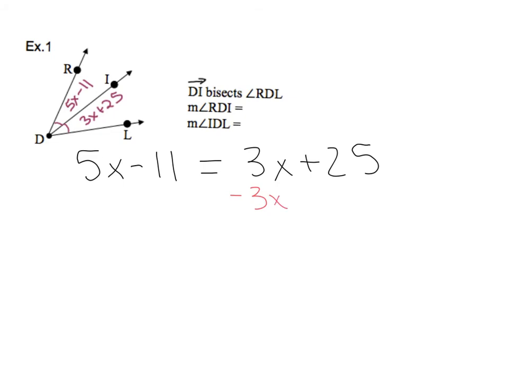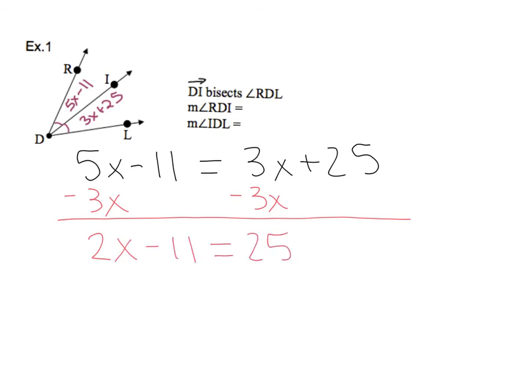All right, so now we're solving. I'm going to subtract 3x from both sides. So I end up with 2x minus 11 equals 25. All right, now I'm going to box my variable. We're going to be adding 11 now to both sides. So we end up with, sorry, I can't make this pen go into a smaller font for some reason, so it's really driving me crazy.